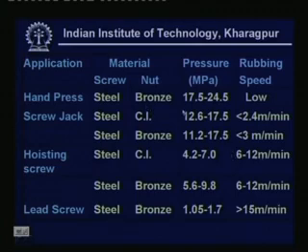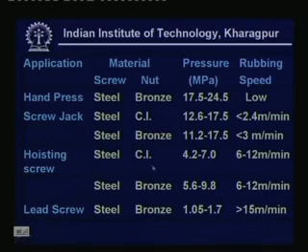The pressure is 17.5 to 24.5 megapascal, which is very large, but the rubbing speed here is quite low, and whenever we have such large bearing pressure, this is the safe pressure for bearing, and whenever the bearing load is very high, then that has to be lubricated properly, otherwise it will wear out.